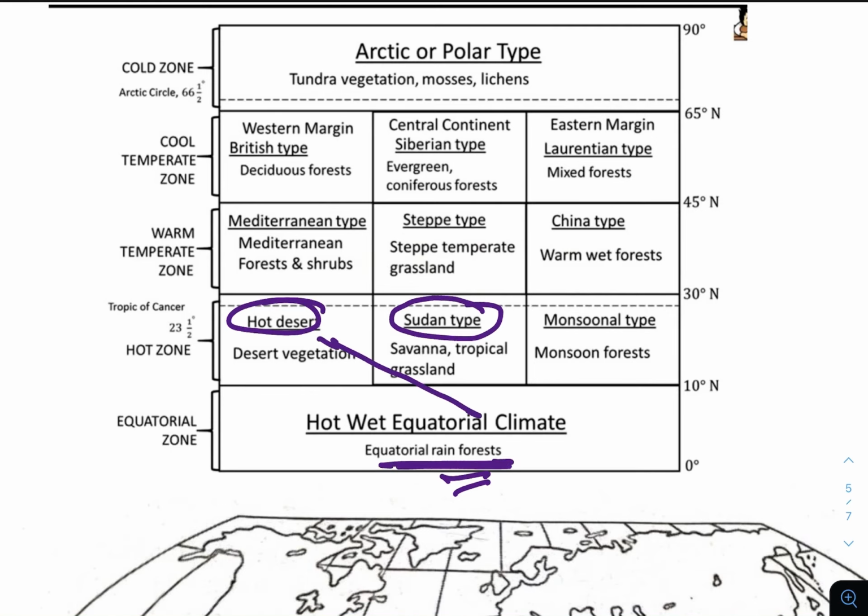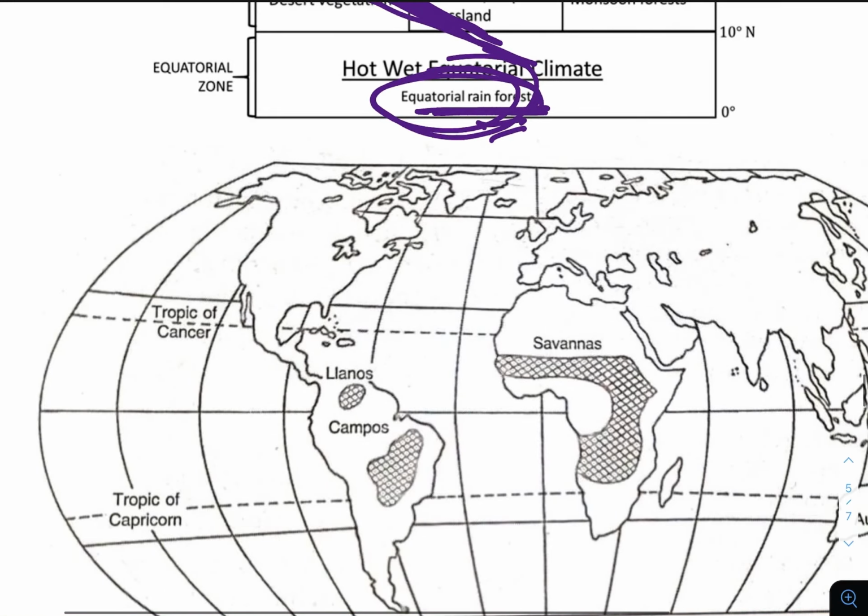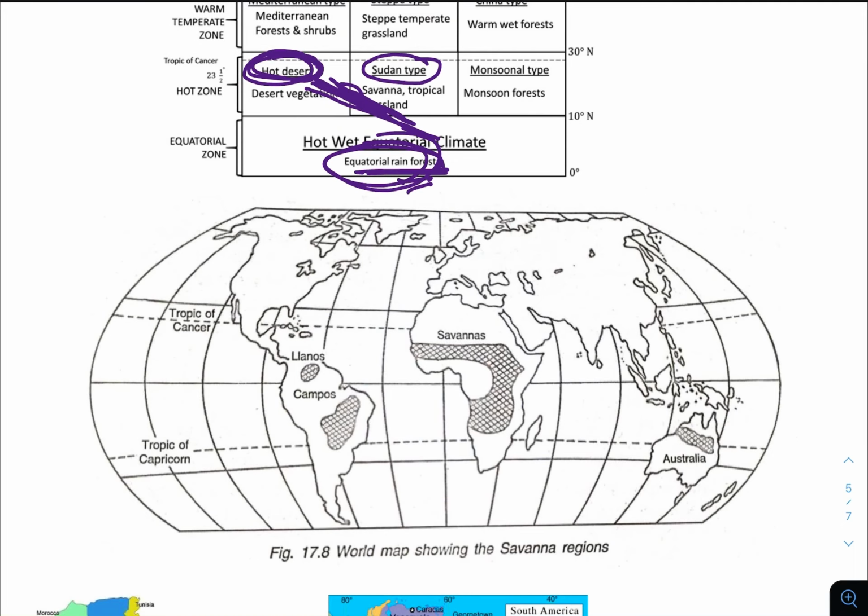So from this we understand the location: it is a transition zone between the tropical desert and the equatorial region, and it is lying within the tropical zone, between the Tropic of Cancer and the Tropic of Capricorn. I think the first point is clear.